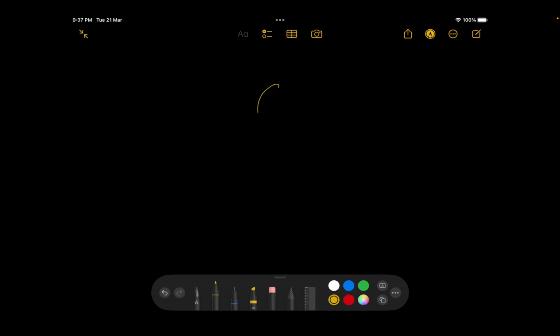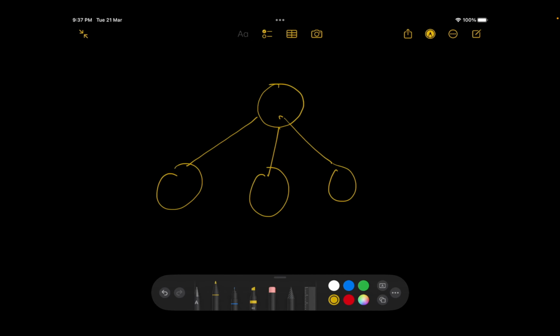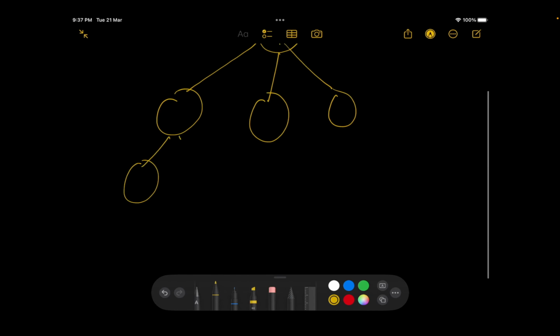Cool. So with that, let's say this is my root node, and these are the connections it has. Let's say these are the connections these nodes have.